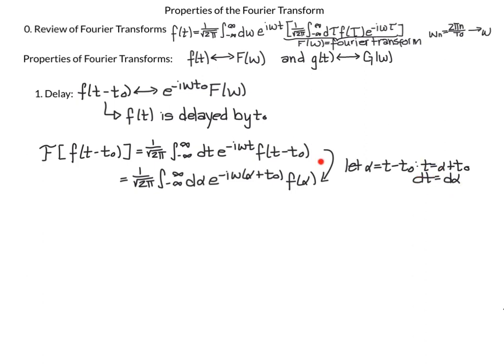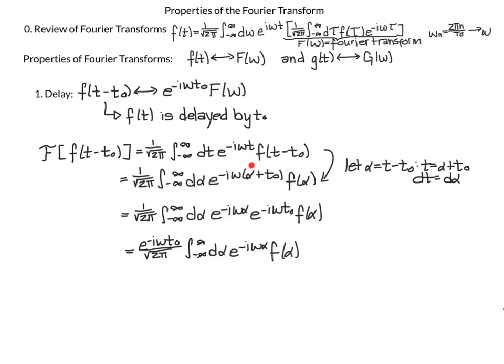So what we have then, our integral gets converted to 1 over 2 pi integral d alpha, that's the dt, e to the minus i omega, and then our t is converted to alpha plus t naught, and then f of alpha. Here I manipulated my exponent so that I can break this up into e to the minus i omega alpha and e to the minus i omega t naught.